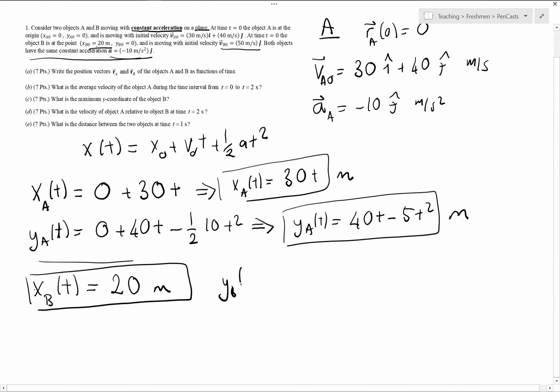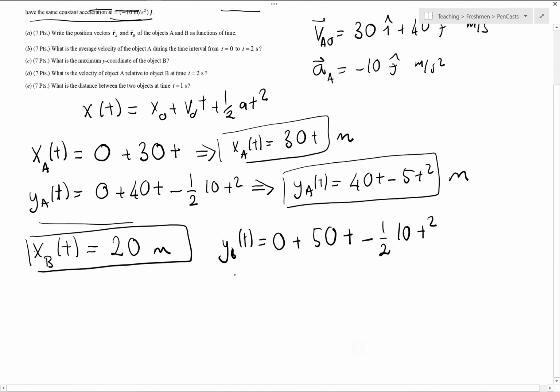How about yb of t? Initially yb is 0, its velocity along the y direction is 50 meters per second, and its acceleration is minus 10 meters per second squared. So yb of t is 50t minus 5t squared meters.